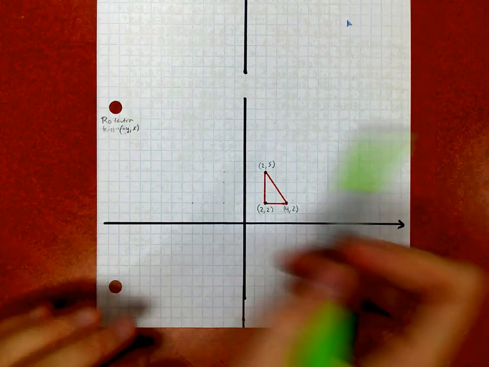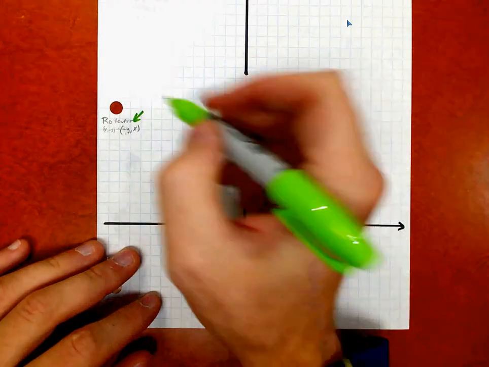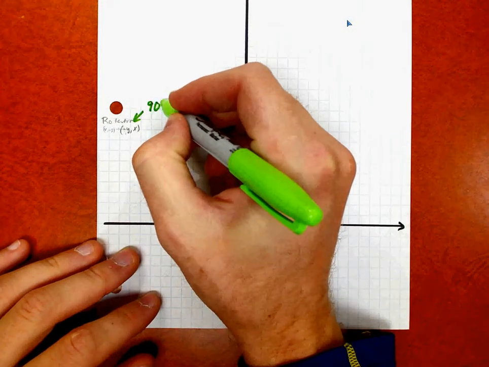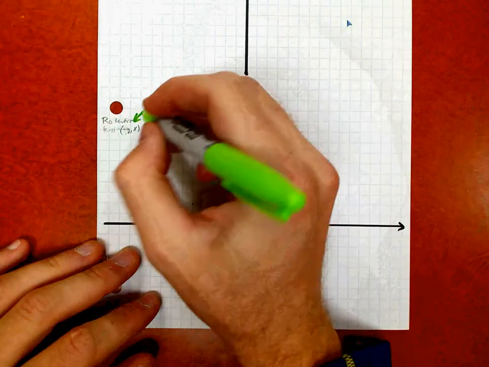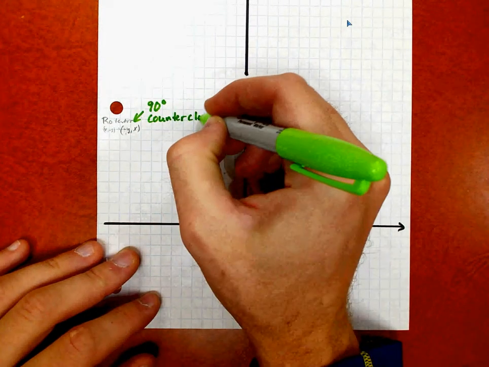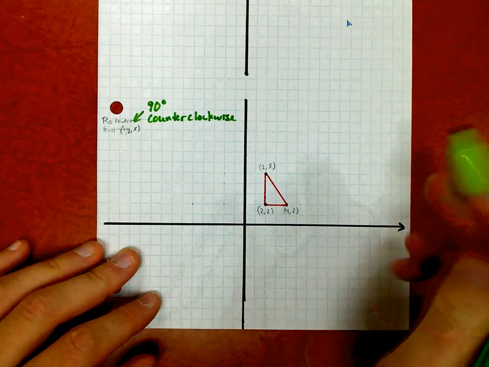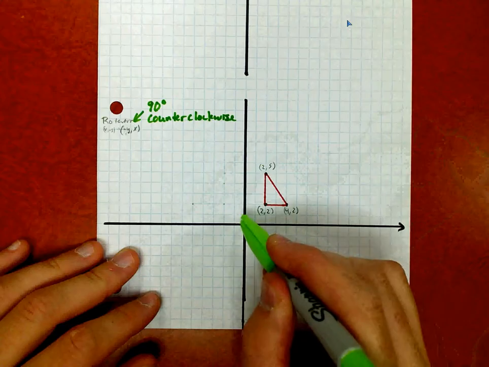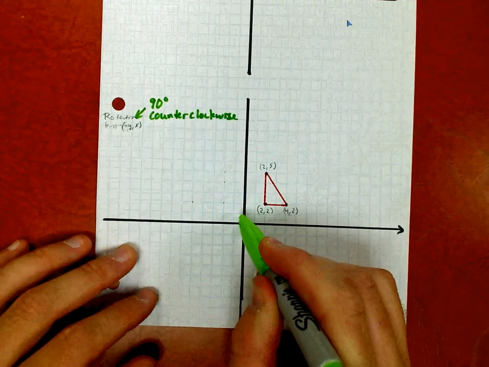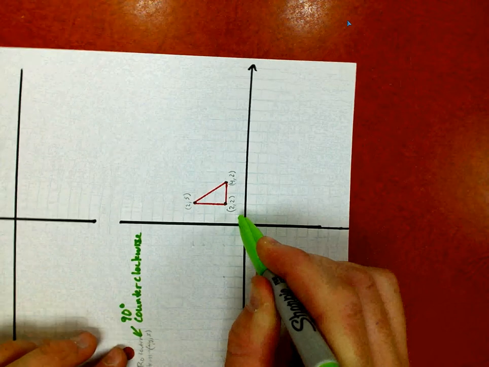Finally, we're going to get Tony Hawk here to help us out with some sweet rotations, starting with a rotation of 90 degrees. We'll go 90 degrees counterclockwise. Whenever we rotate, we think about rotating around the origin. So if I were to put my pen right here at the origin and rotate it 90 degrees, that's what the image should look like.